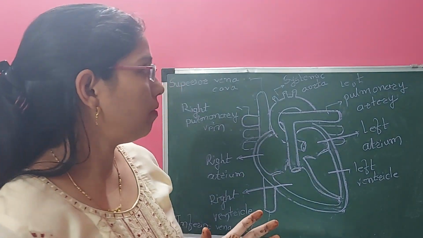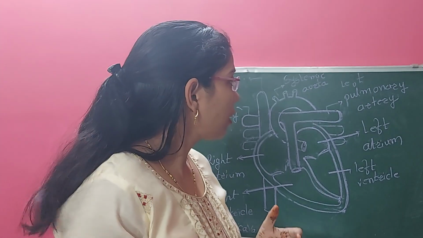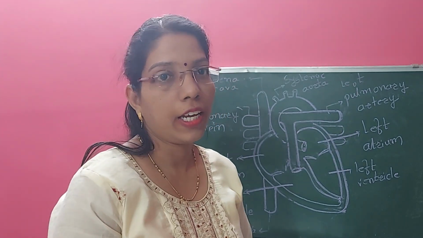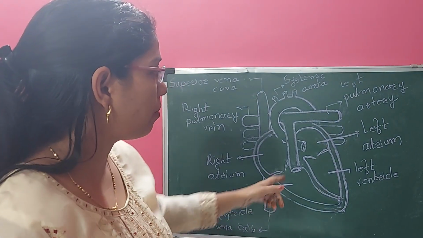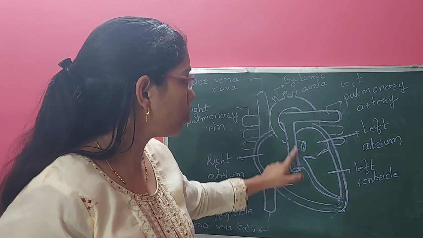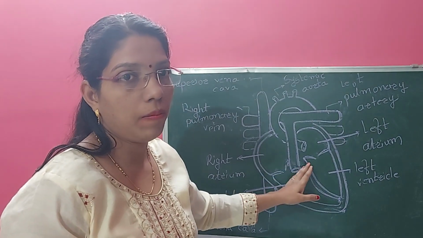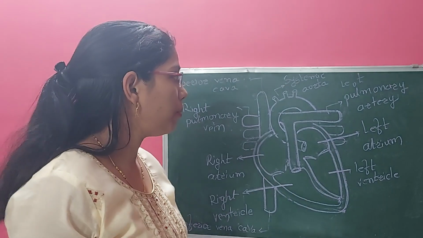While studying arteries you will learn that pulmonary artery is an exception: all arteries carry oxygenated blood except pulmonary artery, because it carries deoxygenated blood. Here you will see its end; pulmonary artery ends in the ventricle. We will understand how when we see the flow of blood.